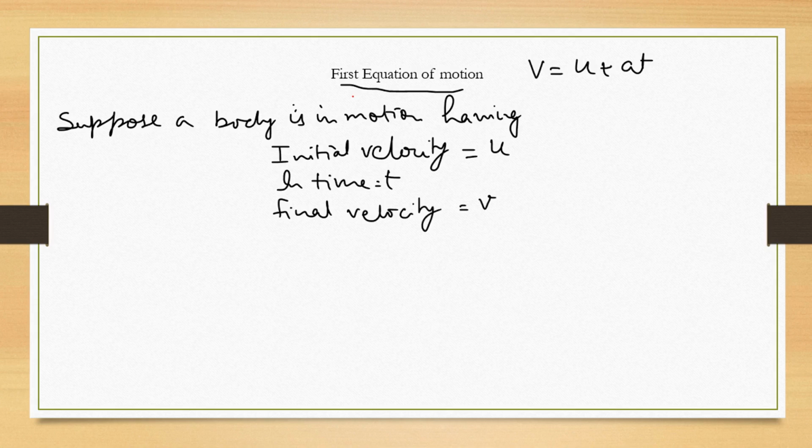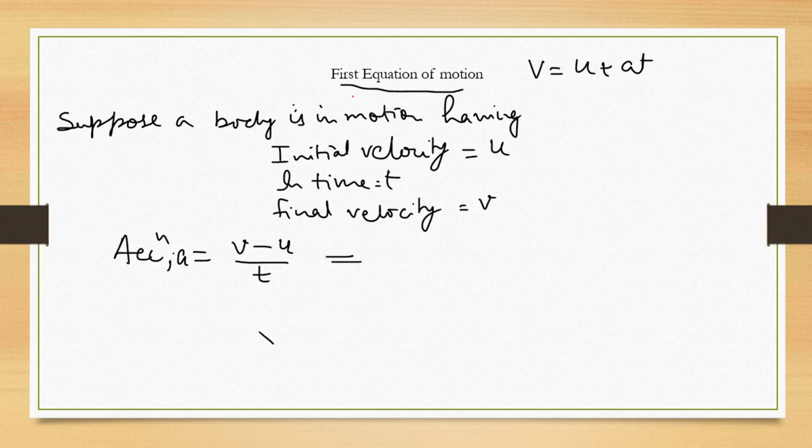By the definition of acceleration, it is the rate of change of velocity. The rate of change of velocity can be found by the final velocity minus initial velocity divided by t, and acceleration is denoted by a.